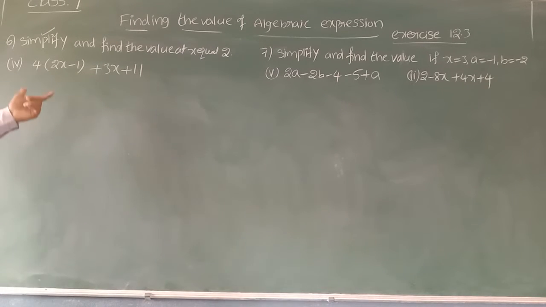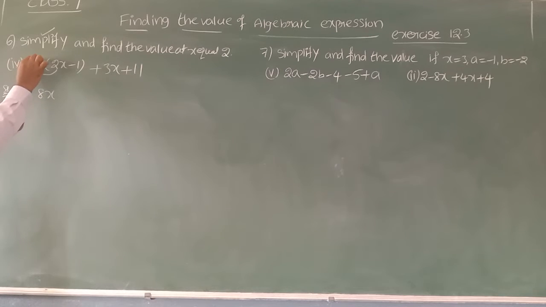First we'll simplify. While simplifying, if any bracket is there, try to open that bracket by multiplying with the coefficient before it. Now inside the bracket we have two terms, 2x minus 1. It is called a binomial. Now that binomial's two terms multiply with this monomial. First multiply these two. First the symbols. See what the solution is here. Plus into plus, plus. 4 twos are 8, variable term as it is.